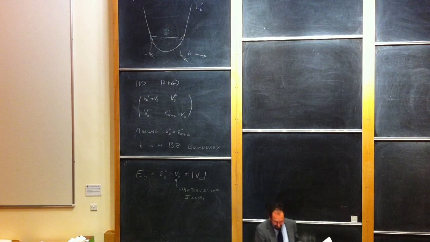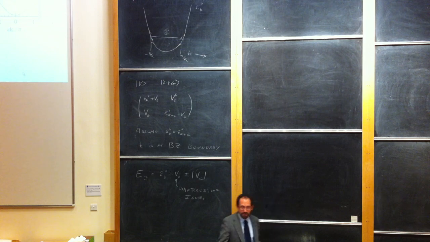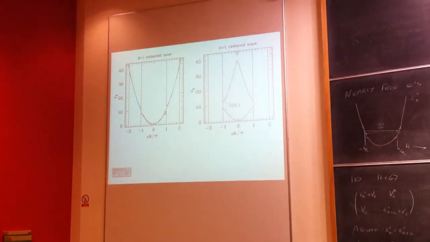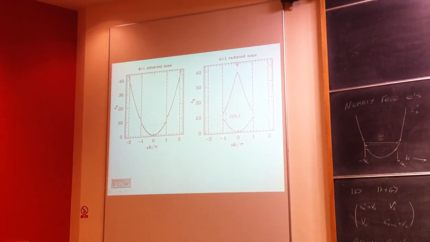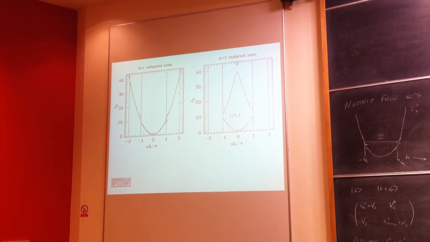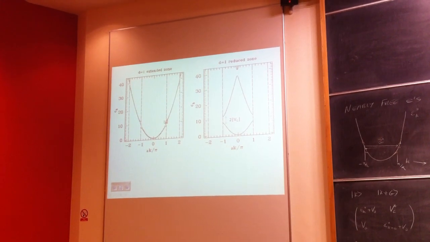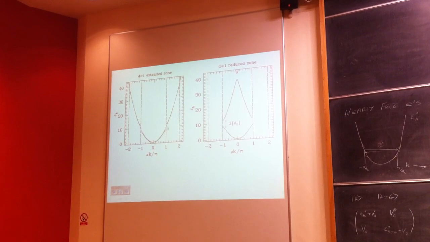And since I'm not very good with drawing these things and making them clear, I'll show you a real picture of it. So here it is in the extended zone scheme. You start with this nice parabola, and then at the Brillouin zone boundary, these two states are connected together by a reciprocal lattice vector, so they can scatter into each other and open up this gap at the Brillouin zone boundary. The closer you are to the boundary, the more effective this scattering is, and the more you deviate from the original parabola.